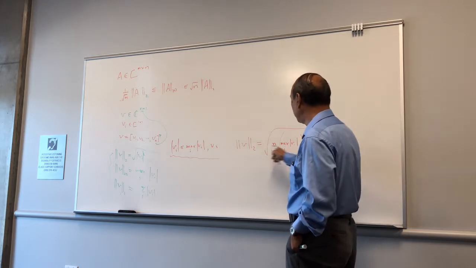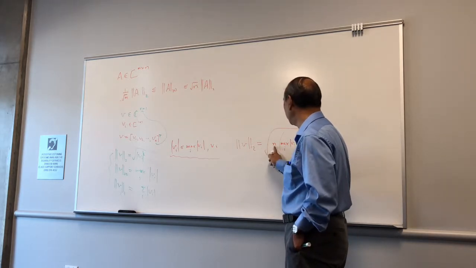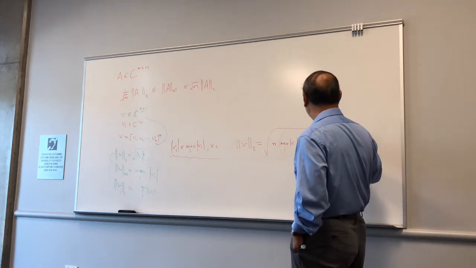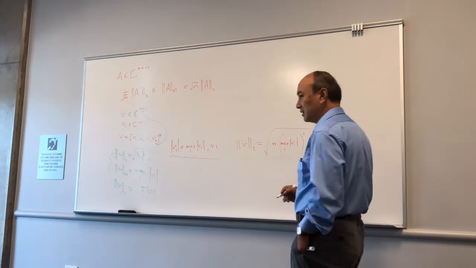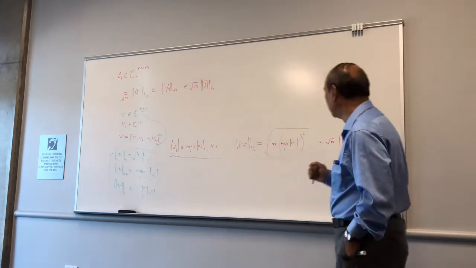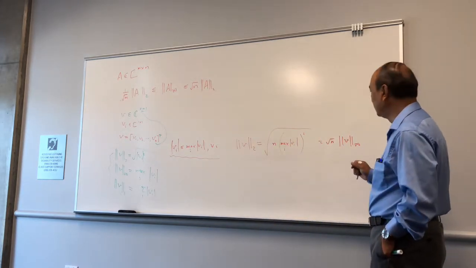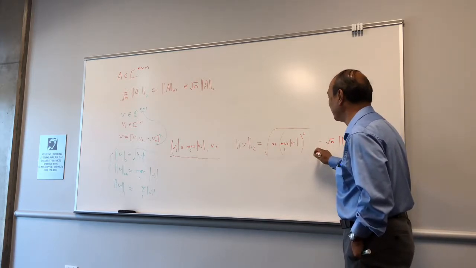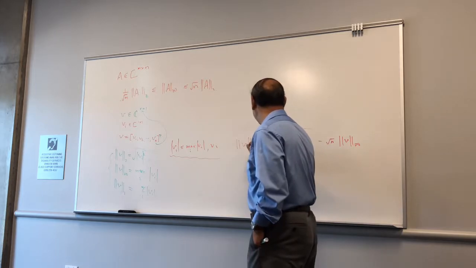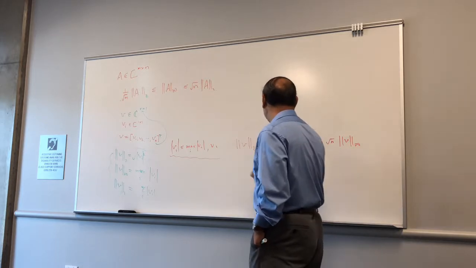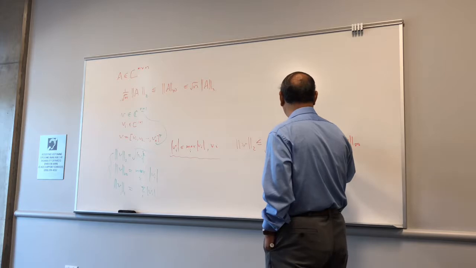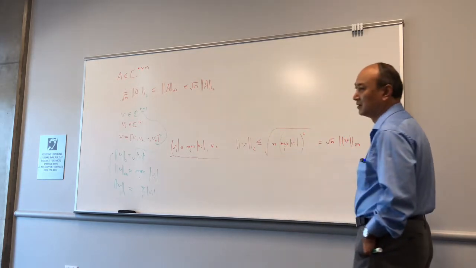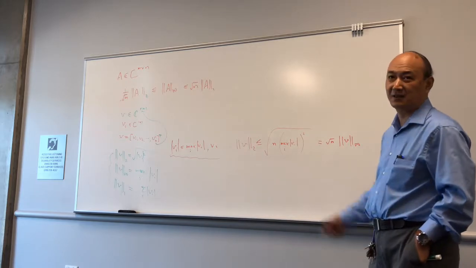Everybody is less than this, and you have n of these. So it's the square root of n times the V infinity norm, right? With that, this is not equal anymore, so it's less than or equal to, okay? This one is equal. Question?